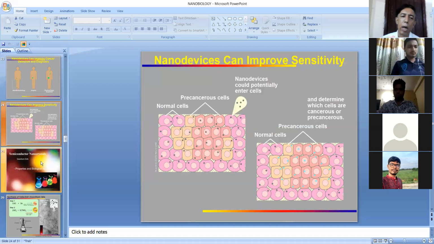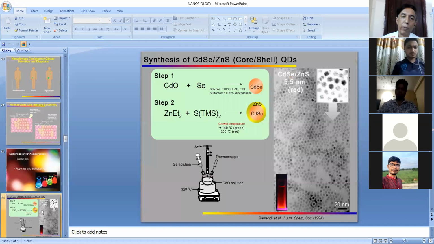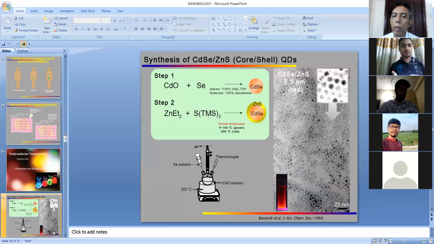Now, you see how we can use different substances as the nano device. The first one is semiconductor nanocrystal, or quantum dots. What is a quantum dot? I told you previously that we can use metallic semiconductors as nanobiomaterial.